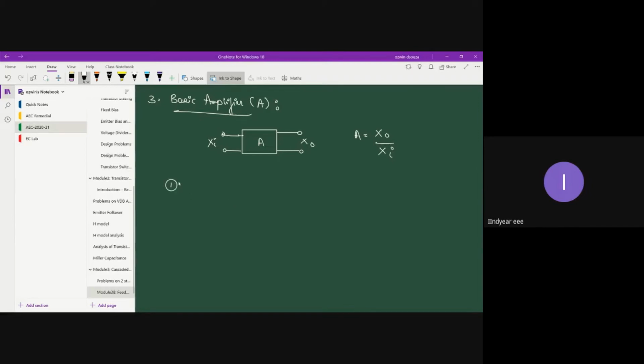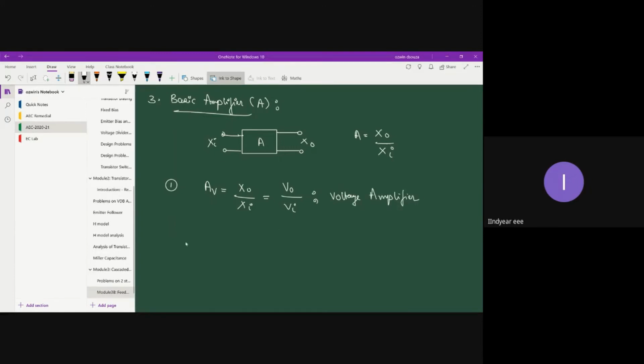The first type of basic amplifier is the one which has X0 as well as Xi as voltage signals. The output signal is a voltage signal and the input signal is also a voltage signal. The gain you get is defined as the voltage gain, AV, and this is called a voltage amplifier.